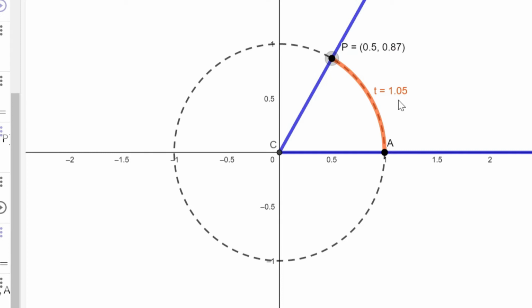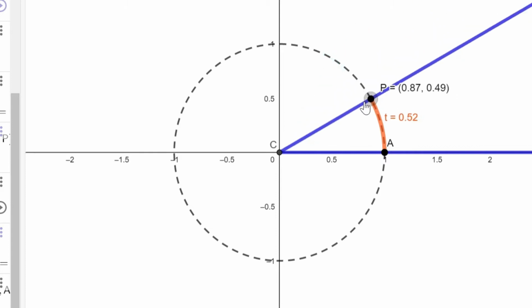1.05. When t is 1.05, the endpoint of that arc is P, and these are the coordinates of your point P. When t is equal to 0.52, the approximate value of pi over 6, the endpoint of that arc is P with coordinates 0.87 and 0.49.